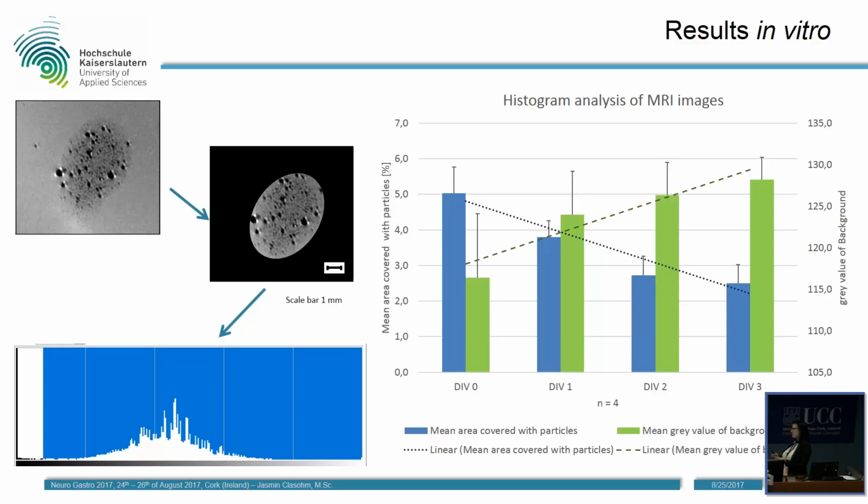This is because the high density nanoparticle neurospheres are, of course, outgrowing, and these outgrowths contribute to the gray value of the background.